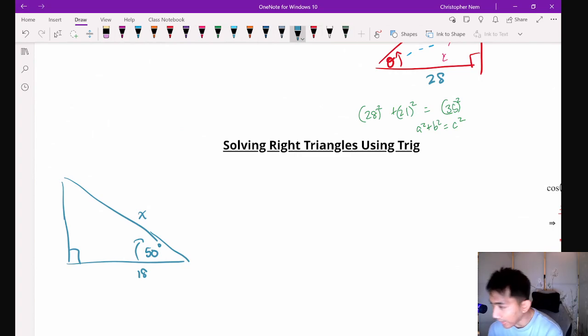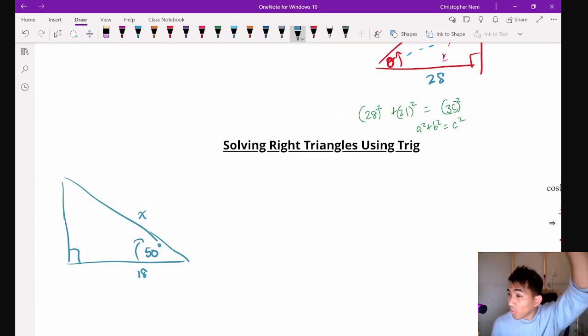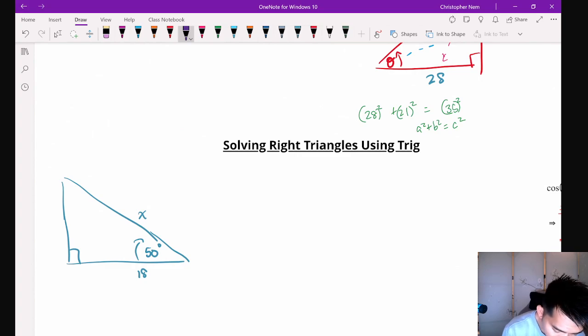Right? That's the length of it. And then how do I calculate x? How do I figure out how long the hypotenuse is? I can't do a squared plus b squared equals c squared because I'm still missing the other side. So I have to use something with trigonometric ratios. So the first thing you got to do is identify what type of sides you are working with or have of interest. This is the hypotenuse.